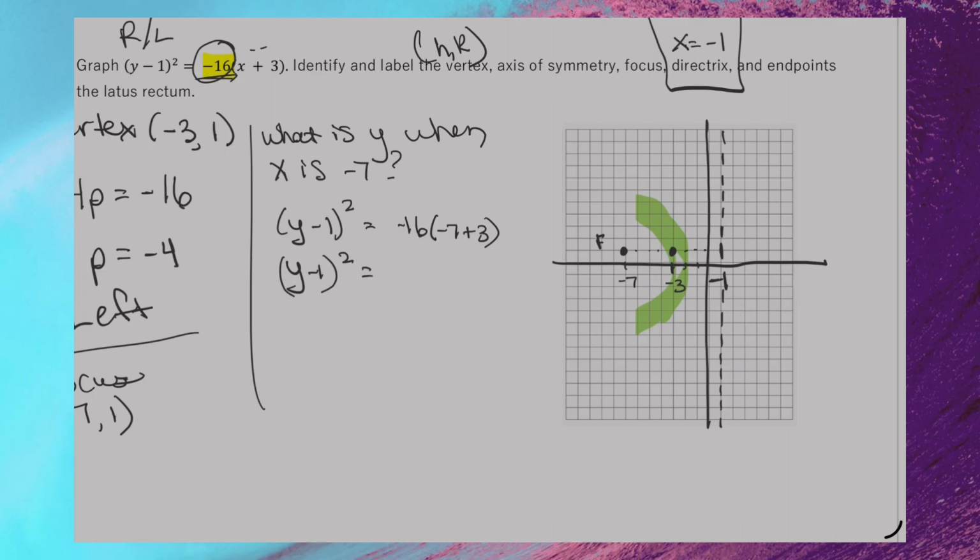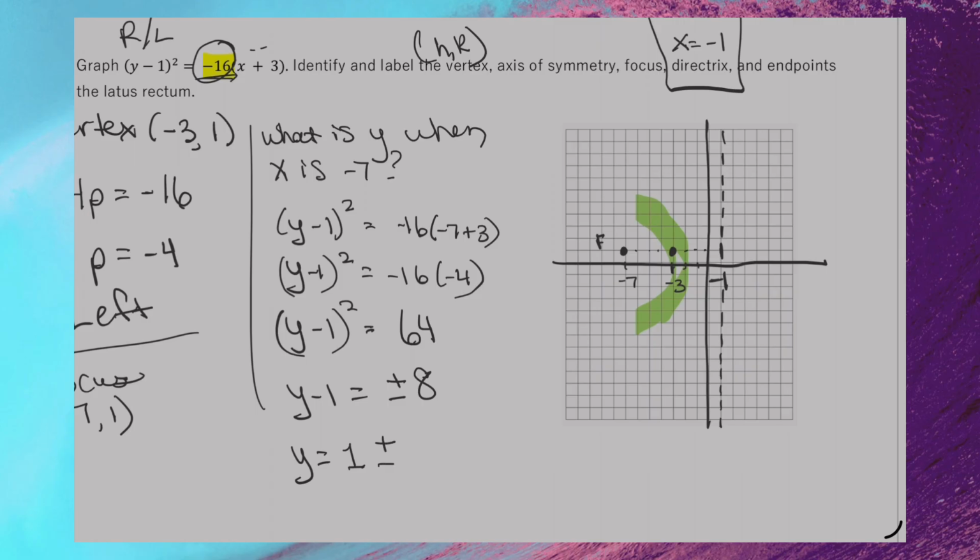And we're going to solve it. Positive 64, square root each side. We will get a positive or a negative 8. And then we add 1. So we'll have a positive 1 when we move it to the other side, and then add or subtract 8 from that, which means we will get a 9 or a negative 7.